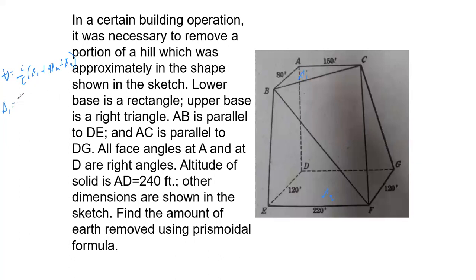A1 is a right triangle, so the formula is one half base times height: one half times 80 times 150, which gives us 6,000 square feet. Then A2 is a rectangle, so 120 times 220, which gives us 26,400.